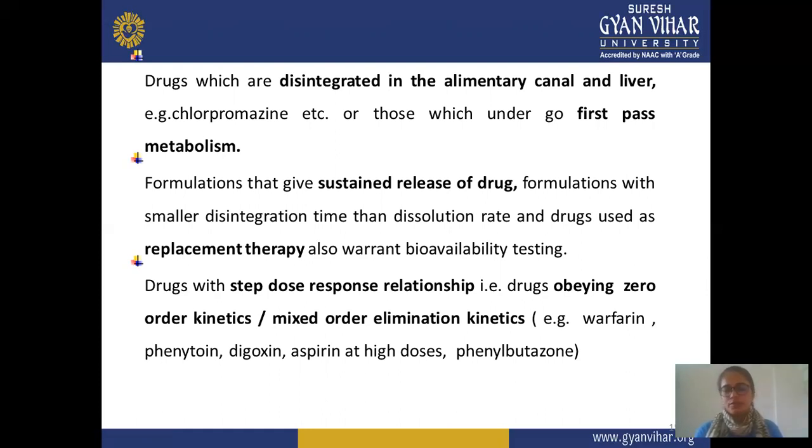So you can check the viability by the different order, like whether it operates by zero order or first order.